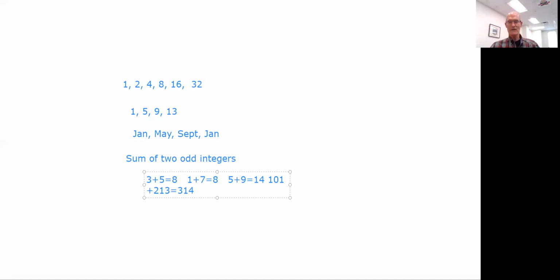Now, if you notice, in all of these situations I'm adding 2 odds and I'm getting an even. 2 odds and I get an even. 2 odds and I get an even. So my conjecture here would be: if I add 2 odd integers, then I get an even integer, and that would be a good conjecture because I can prove that mathematically.